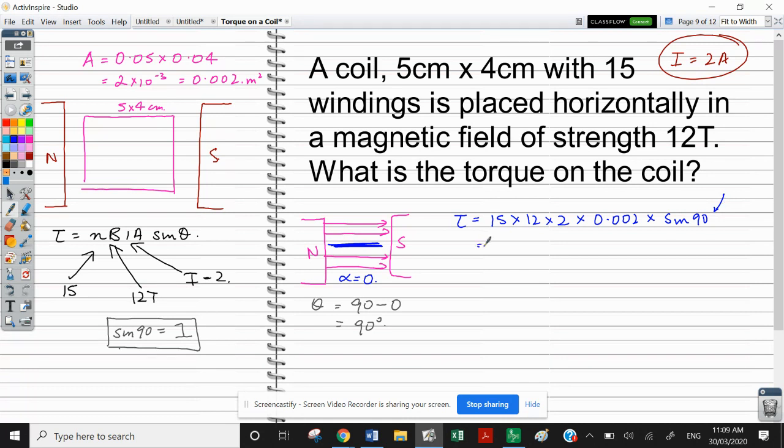Popping those values in, we get 0.72. Don't forget the units of torque: it's the Newton meter. It's quite important to put your units on everything here.